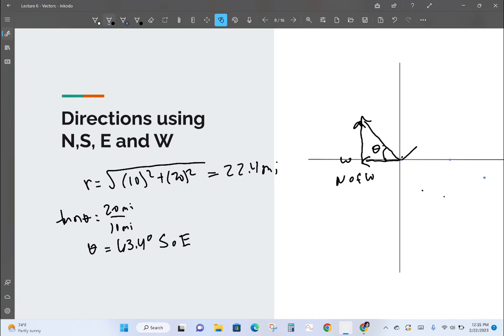How about this angle? It would be north of east. How about this one? Well, it's east of the north axis. So I could describe either one of those if I want to. The same heading, right?